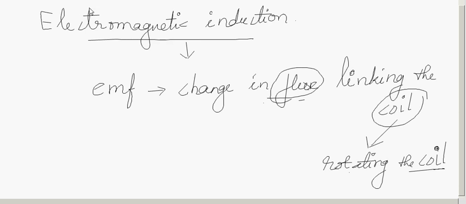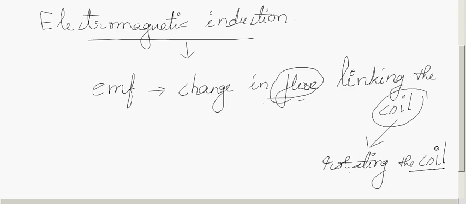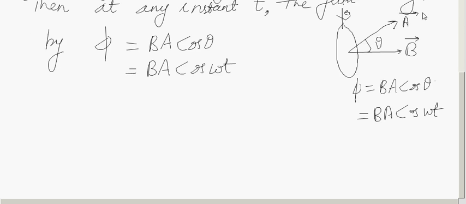Now if the flux is BA cos omega t, we will find out what the induced EMF is as the coil rotates. Then I'll explain how you can get sinusoidally varying EMF. So we know the flux is BA cos omega t. Now as the coil rotates, the flux linked with the coil changes and hence an EMF gets induced.